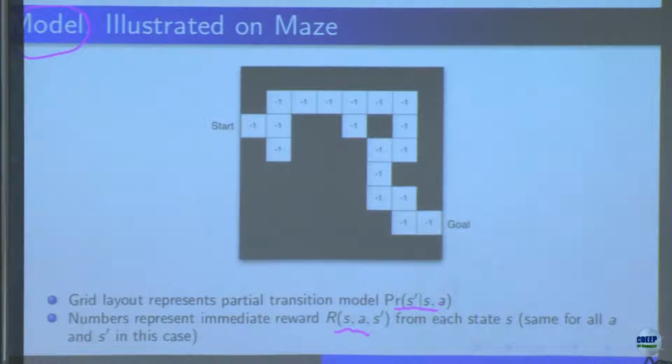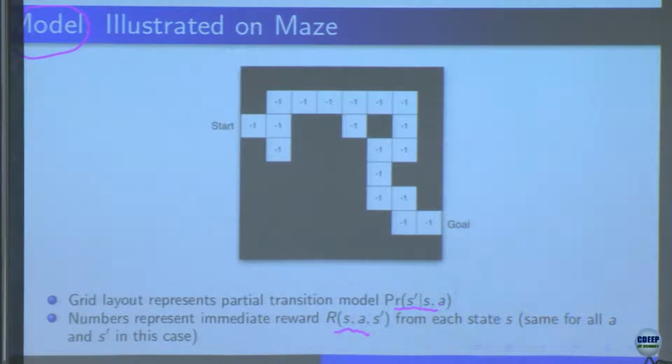Okay, so now this is where we talk of the model. What is a model? Generally when model is being referred to, we are referring to two things, the reward and the probability of transitioning. Remember, when we look at expectation, we always had these two multiplied together, right?